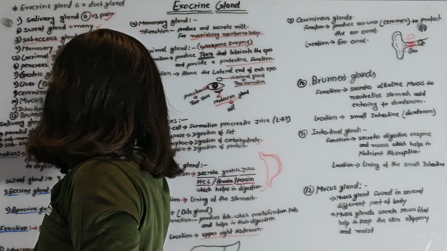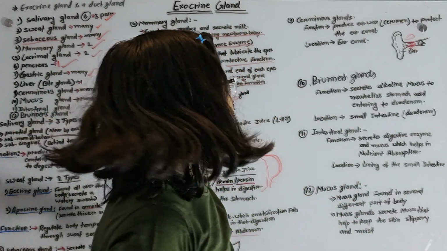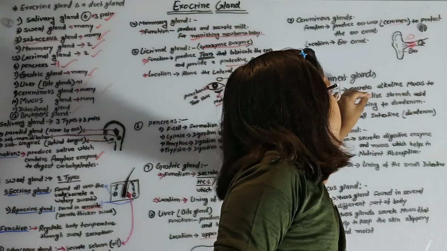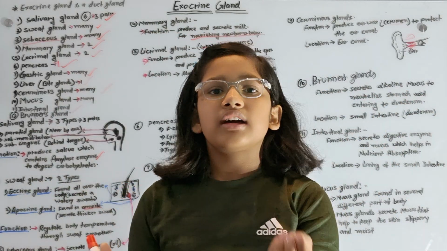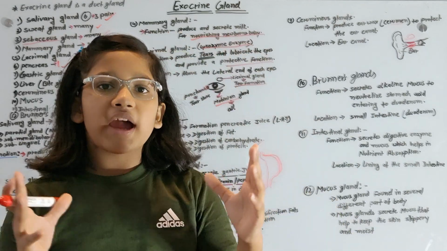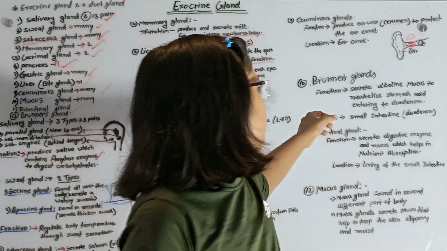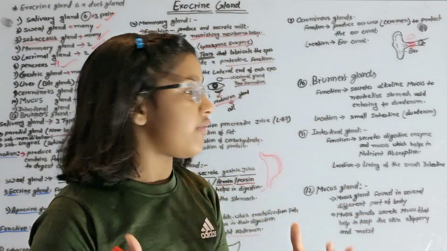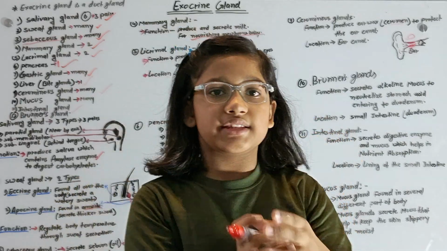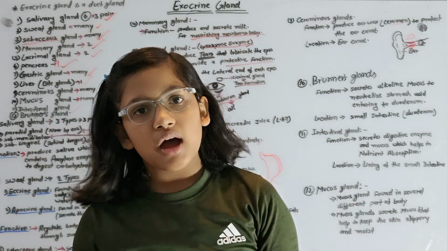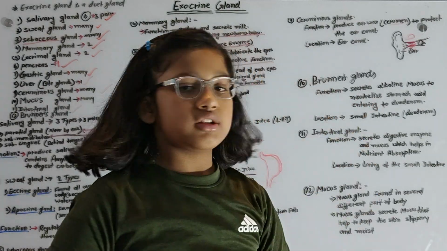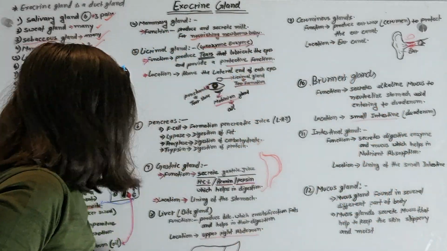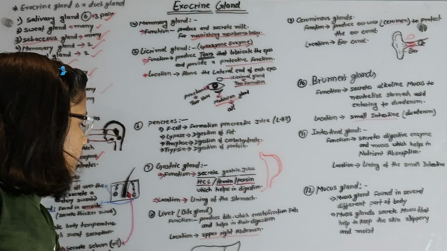Now we will do Brunner's gland. Brunner's gland function is, it secretes alkaline mucus to neutralize stomach acid entering the duodenum. जब भी हम खाना खाते हैं तो वो स्टोमक में प्रोसेस होता है। अभी स्टोमक में हाइड्रोक्लोरिक एसिड तो प्रेजेंट है, HCl तो प्रेजेंट है, ठीक है। सो ये प्रोड्यूस करता है एल्कलाइन म्यूकस को, और एल्कलाइन म्यूकस प्रिवेंट करता है कि HCl जो है वो ड्यूडेनम में नहीं जाए। यदि HCl ड्यूडेनम में जाएगा तो फिर ड्यूडेनम को हार्म होगी। ओके, नाउ लोकेशन, इसका लोकेशन कहाँ है, स्मॉल इंटेस्टाइन में होता है। कौन से पार्ट में, ड्यूडेनम में। यहाँ आओ तो यहाँ पे ड्यूडेनम है, there is jejunum and last is ileum.